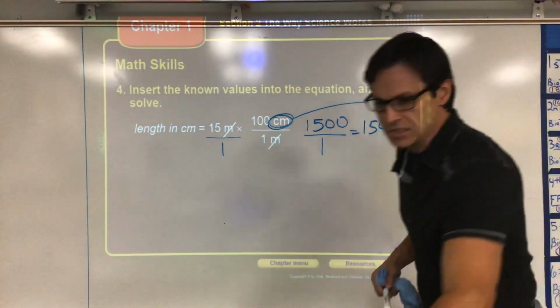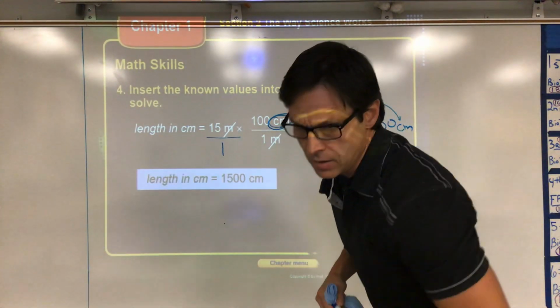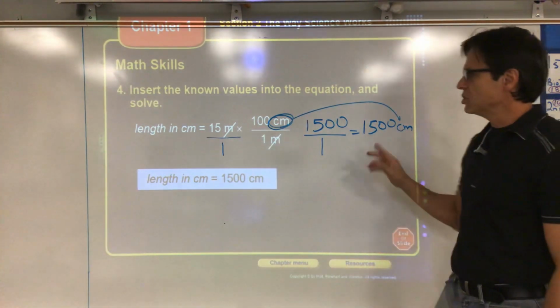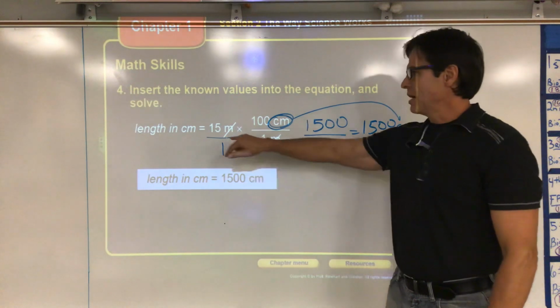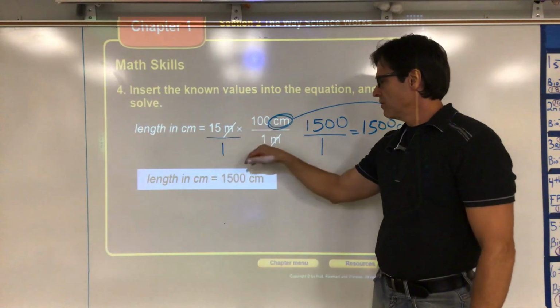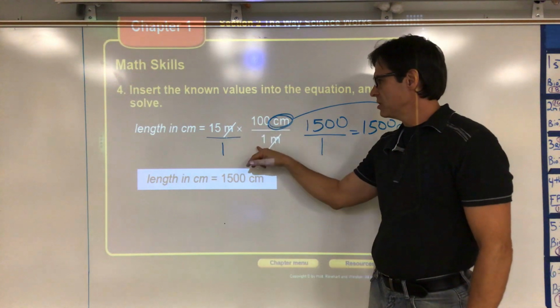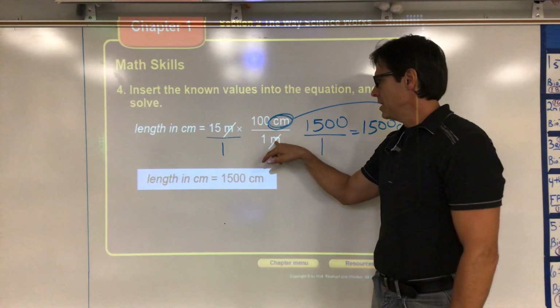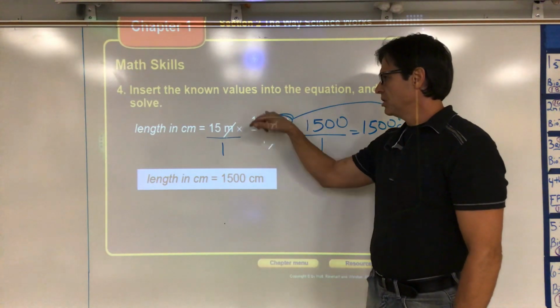Let's see what this says on the problem. Oh look, that's the exact problem I showed you. Basically it's 3 steps. You write the given over 1. You figure out the conversions from the metric; I know I need meters, so meters has to be here, since 1 meter is equal to 100 centimeters.